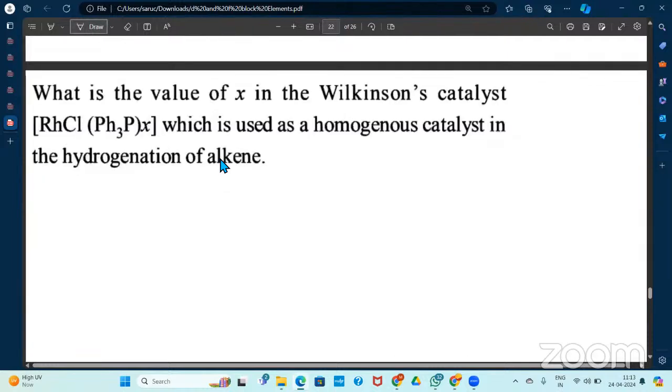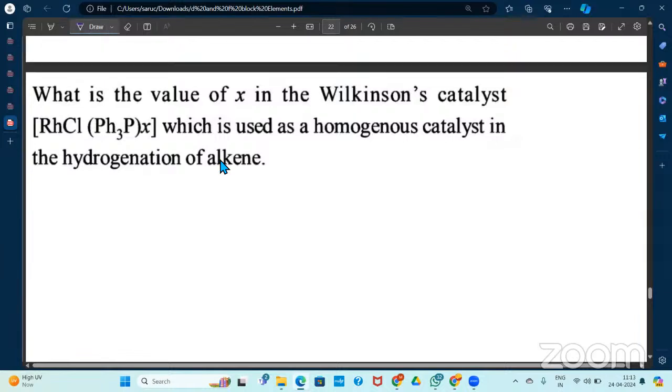What is Wilkinson's catalyst? Triphenylphosphine. Okay.